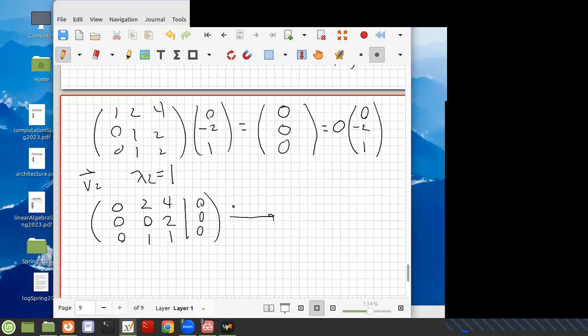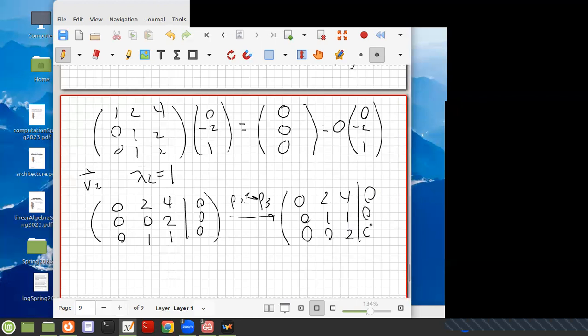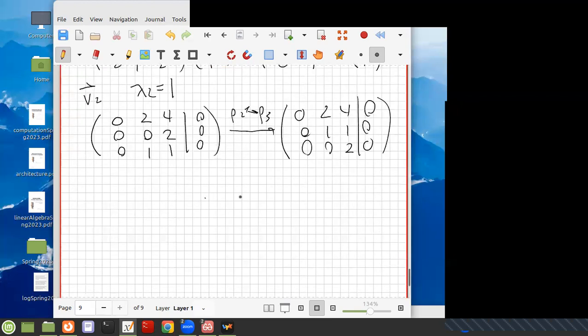We can swap row 2 with row 3 to get 0, 2, 4, 0, 0, 1, 1, 0, and 0, 0, 2, 0. I'm not sure why I did that exactly. Okay, but then we can do minus 1/2 row 1 plus row 2. Yeah, that was probably superfluous.